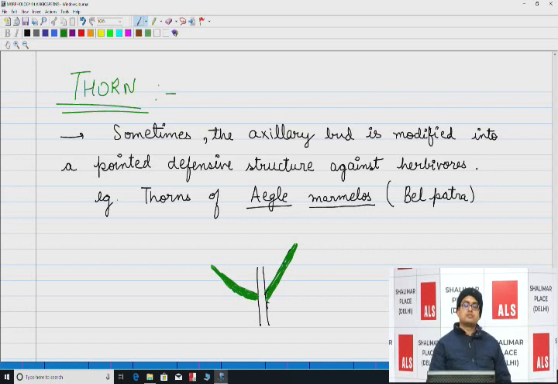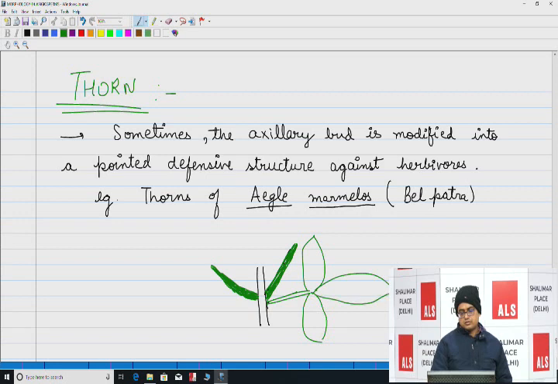And leaves are like this and that. Bel patra leaves are like this. So this is modified axillary bud.